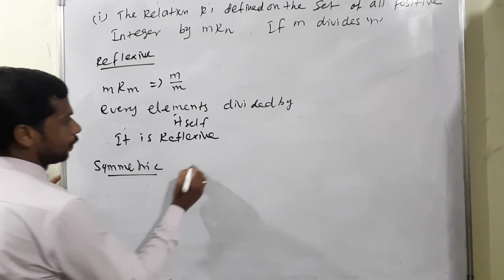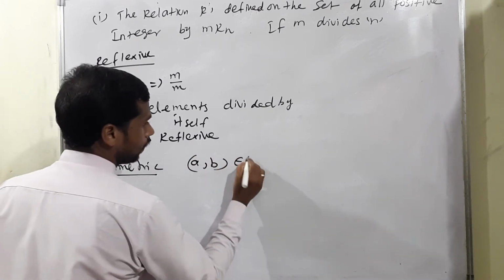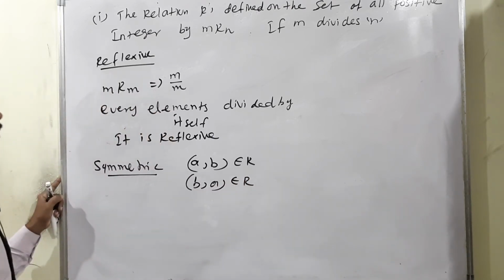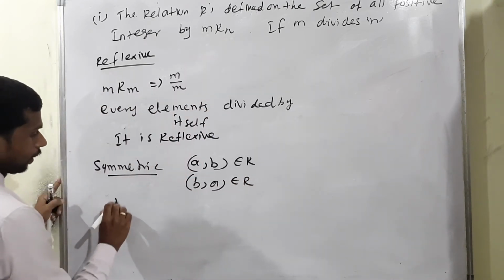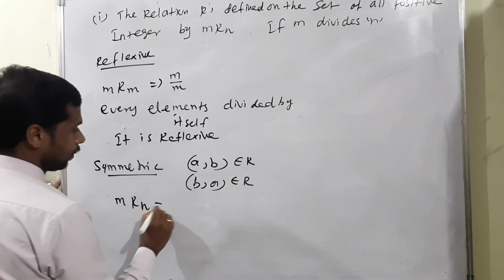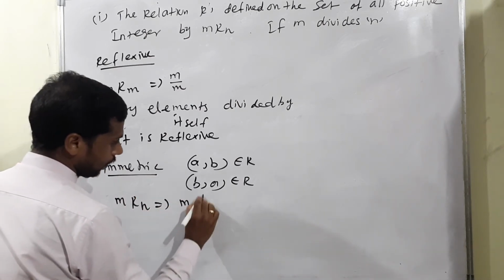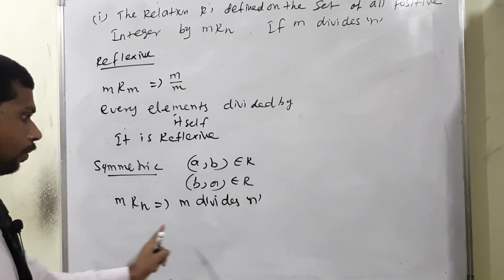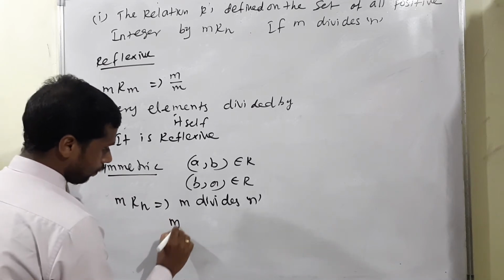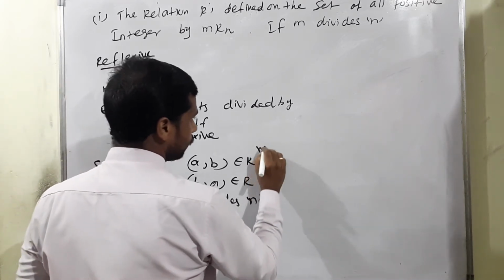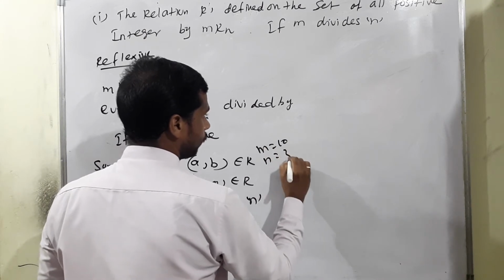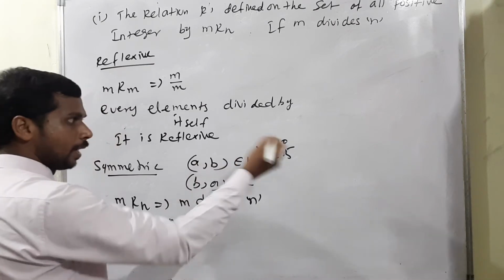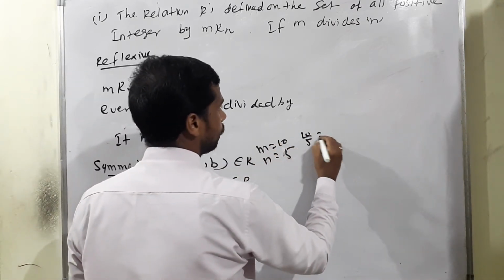Second one, symmetric. What is the meaning of symmetric? (a, b) belongs to R means (b, a) also belongs to R. The given m related to n means m divides n, isn't it? For example, m is equal to 10, n is equal to 5. m divides n means definitely 10 by 5 is possible, so we get it true.